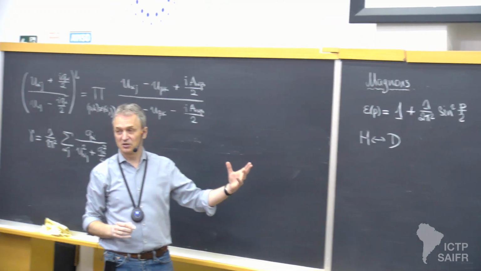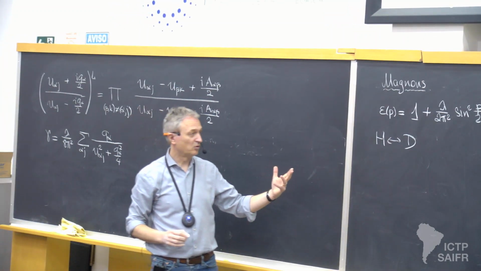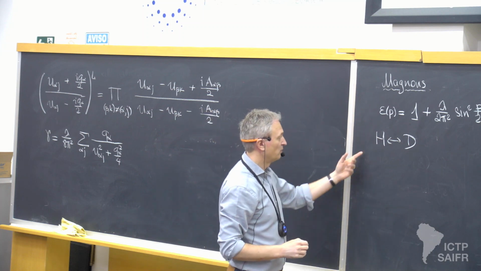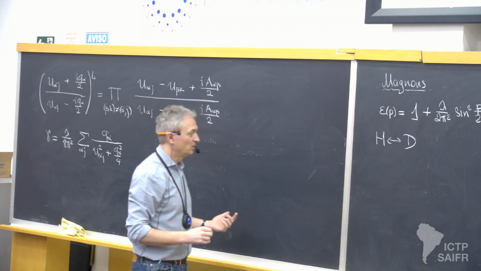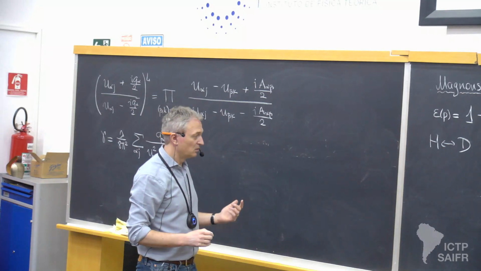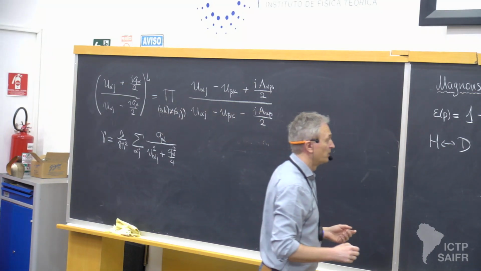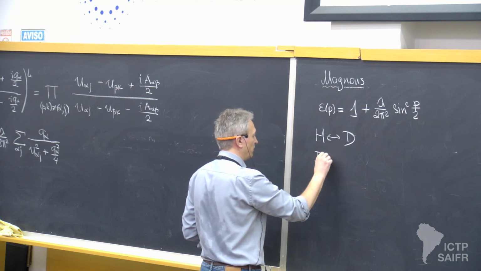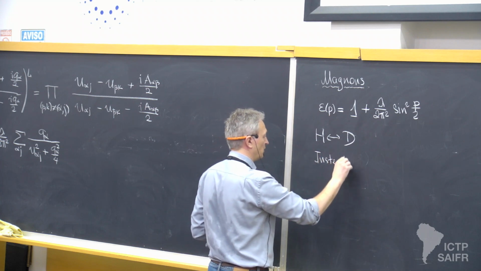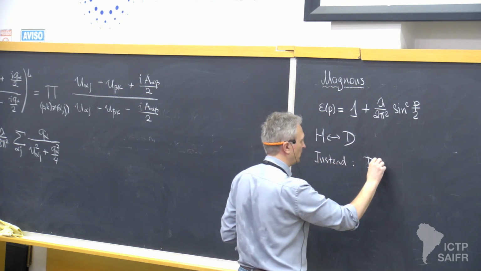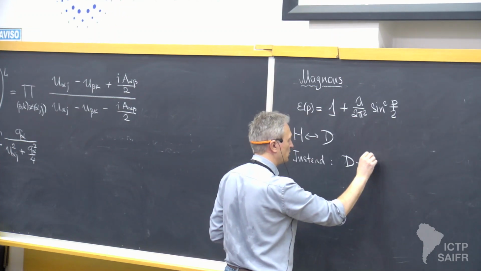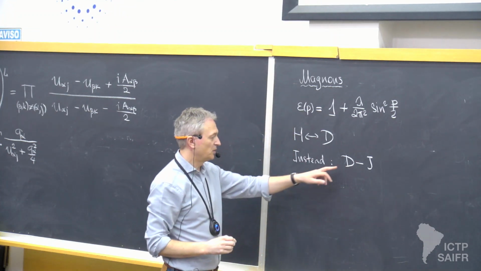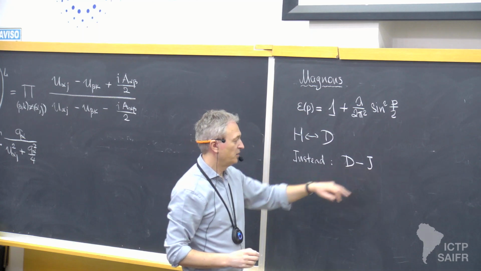So it measures the scaling dimension of the corresponding operator. So instead of the pure dilatation generator, I would like to use the difference between dilatation and the R charge.